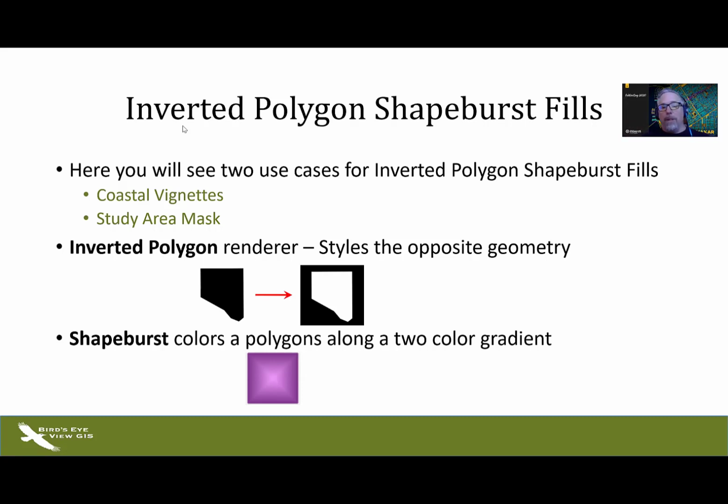And the shapeburst fill is just like what we did for the neon map, where it creates a shapeburst from the outer edge of a polygon to the inner edge or something like that. And we're going to look at two use cases. We're going to first do a coastal vignette to create the Chesapeake Bay blue water color, and then we'll give a study area mask using a similar effect.